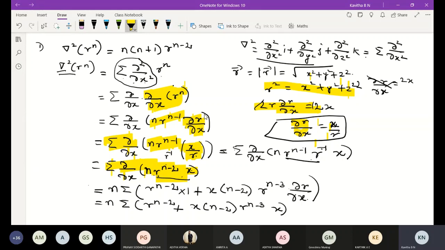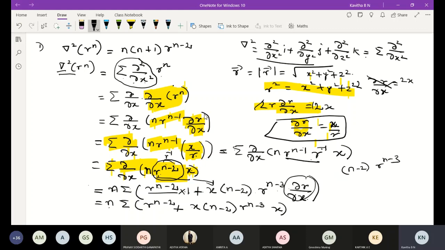Here we have to apply the product rule on r to the power of n minus 2 into x. n into summation of r to the power of n minus 2, written as it is, then differentiation of x is 1, plus x written as it is, then differentiation of r to the power of n minus 2, which is n minus 2 into r to the power of n minus 3 into del r by del x.